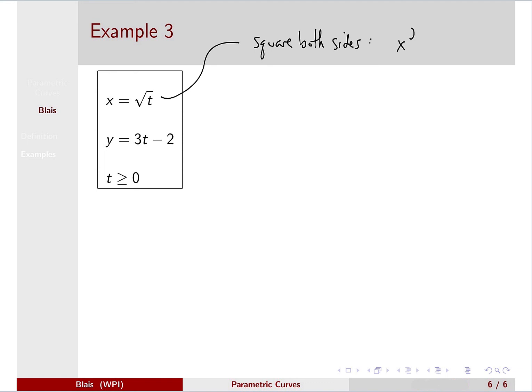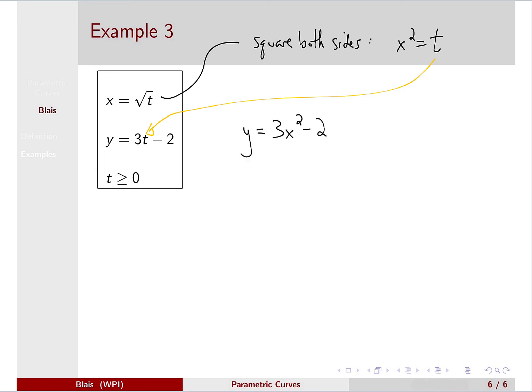And we get x squared equals t. But that means this t can be substituted in to the second equation. And so we get y equals 3x squared minus 2.